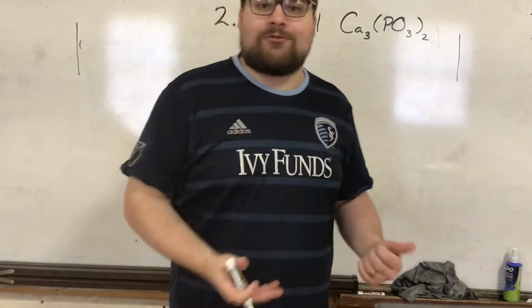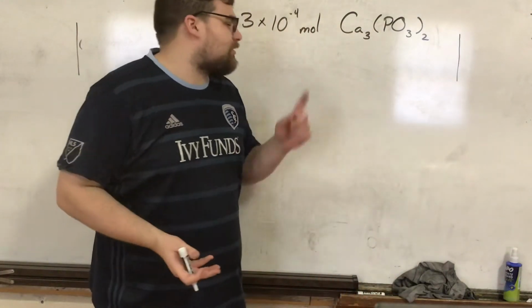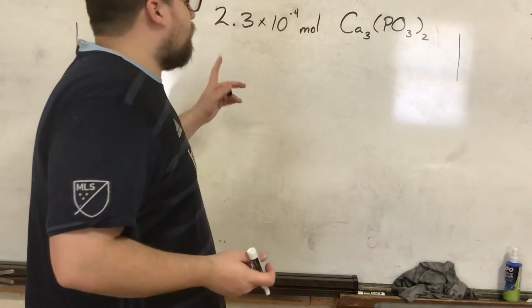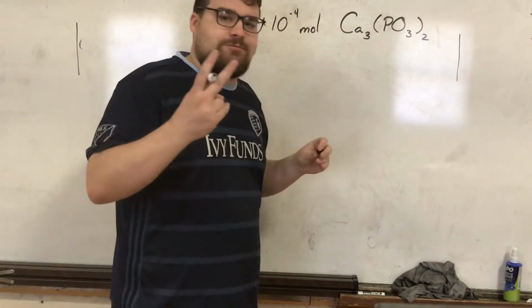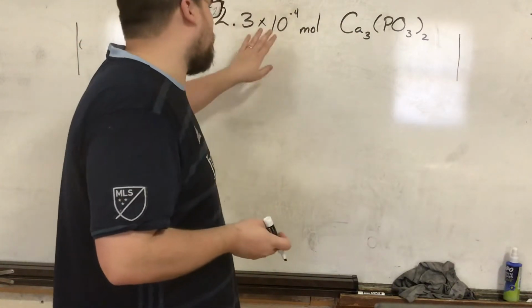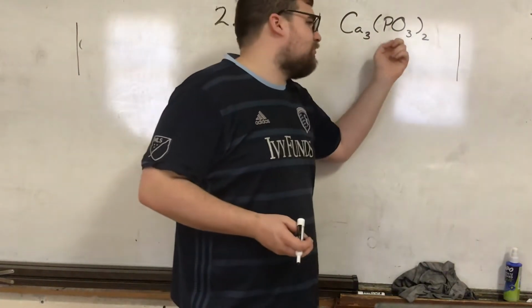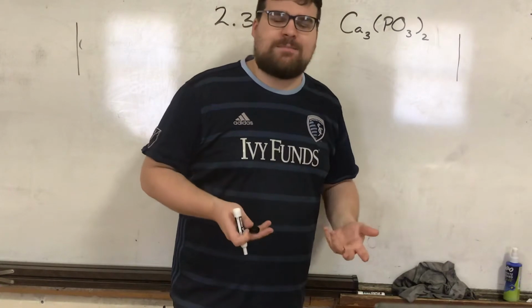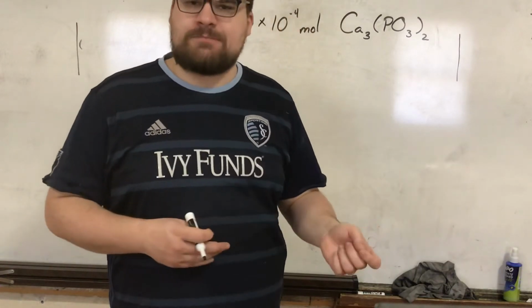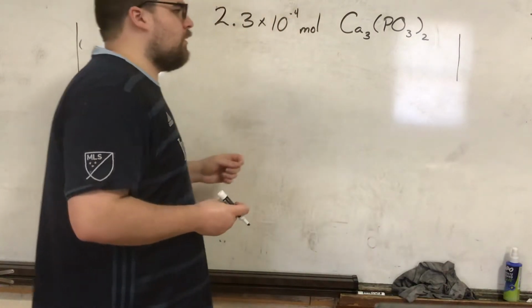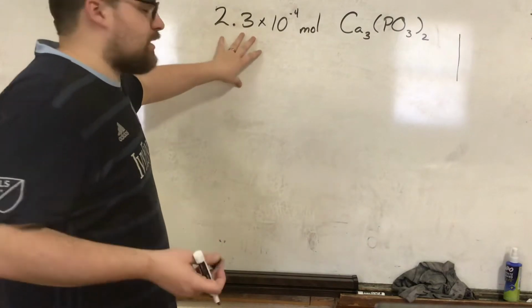Boy, does this problem look fun, right? So what we're going to have to do is two things. First off, we're going to have to think about what the heck this number is. And then two, we're going to have to figure out the atomic mass, or the molar mass, I should say, of that compound.